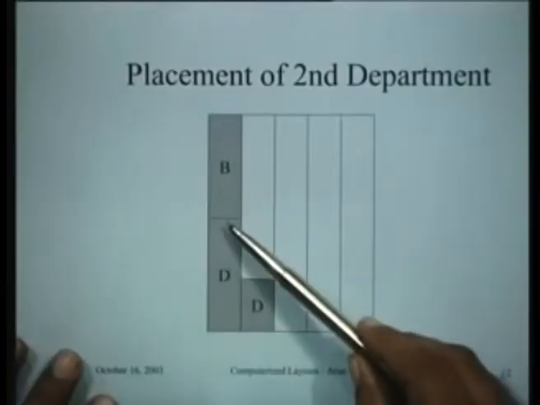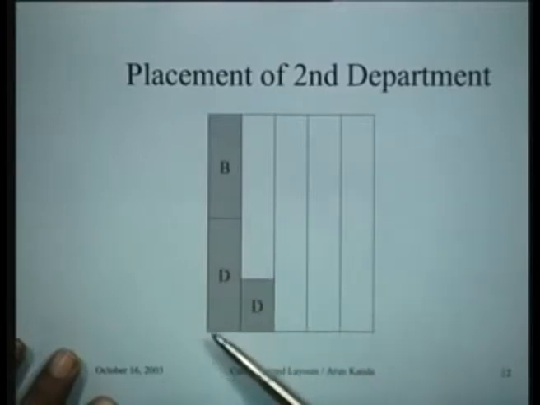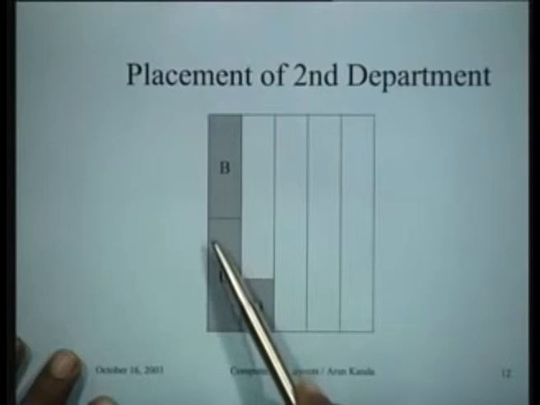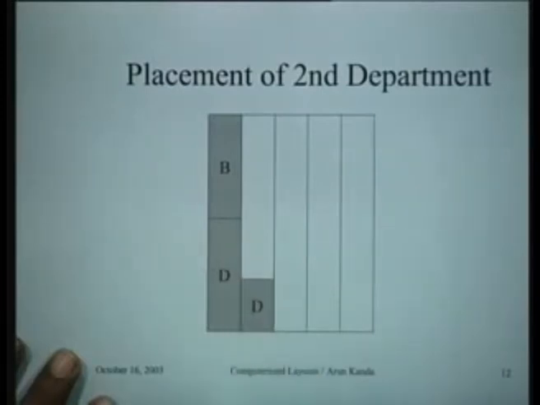Suppose that department is D. We place D like this, but then the space is over. So LDAP says that you place the department D and you cut the strip like this and finish it off here till you have accommodated the entire area for D.